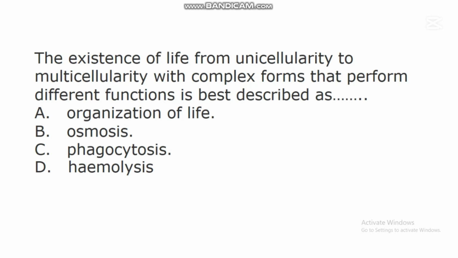D. Hemolysis. In this question, the correct answer is A. Organization of life. This organization of life is the existence of life from unicellular organisms to multicellular organisms with complex forms that perform different functions.